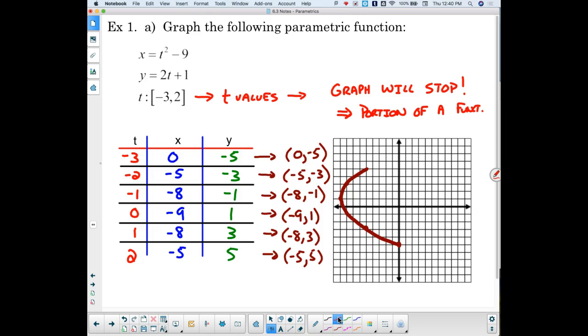It's only going to be a portion of my function. Don't put arrowheads on the end. Don't go past your endpoints. Your graph will stop. And I want it to stop.